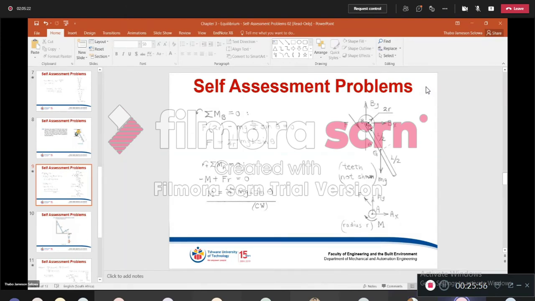Isn't F the force from gear A? Yes, F is the force from gear A. But why are we, oh, okay, never mind. I see, 2R is just the distance. Okay. Yeah, 2R is the radius.